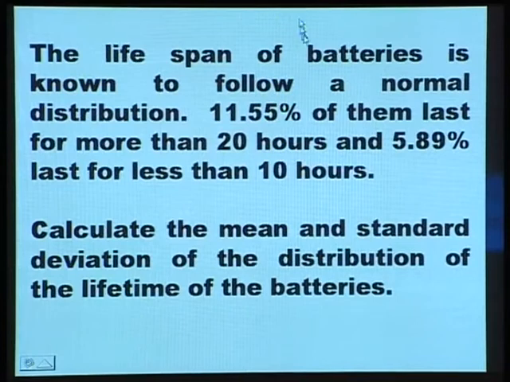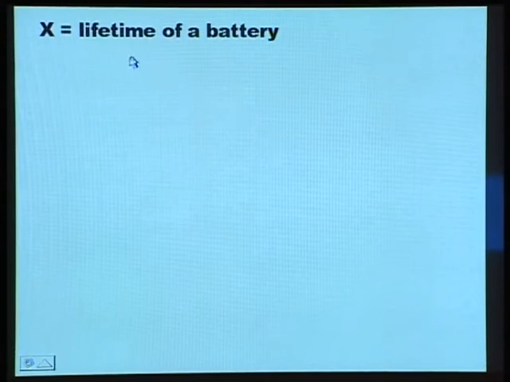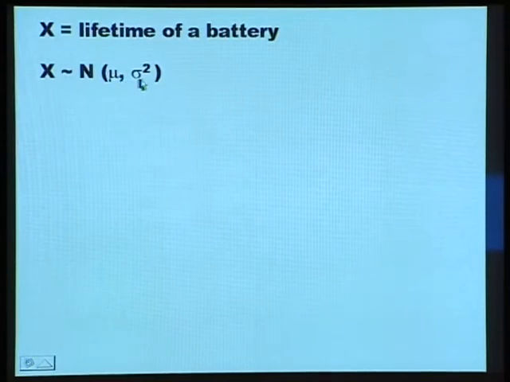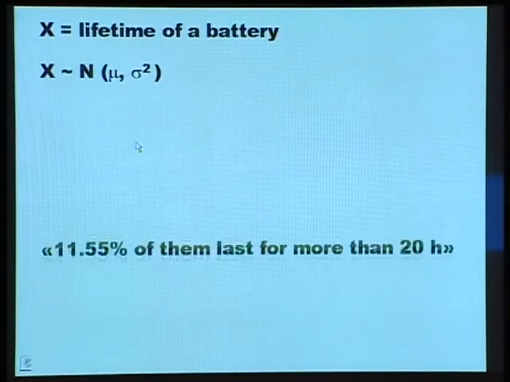Note that it is the lifespan of the batteries, lifetime of the batteries, which follow a normal distribution. So first thing that we will do is to define X as the lifetime of the battery. X follows a normal with mean mu and sigma square. Both are unknown.